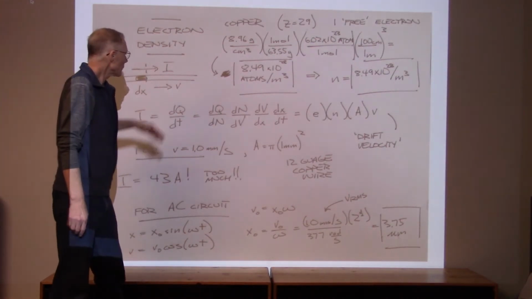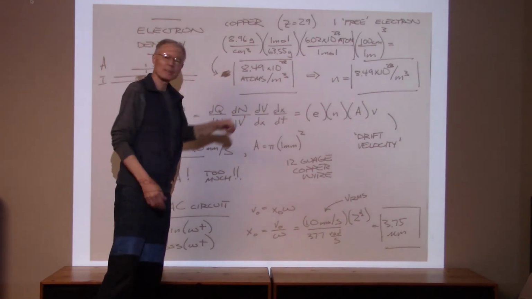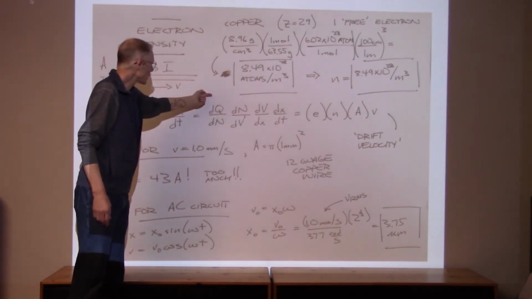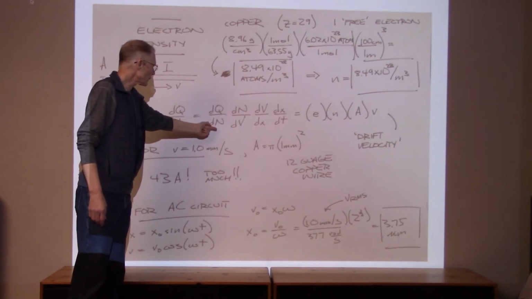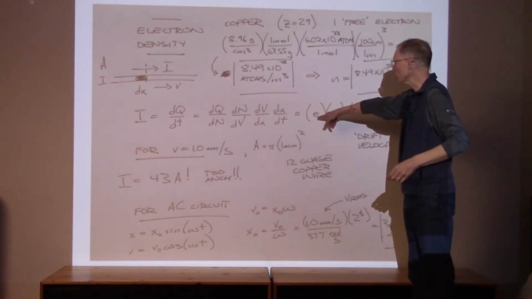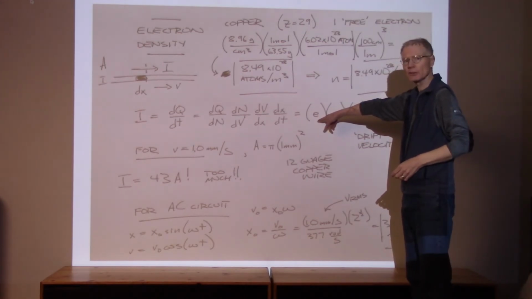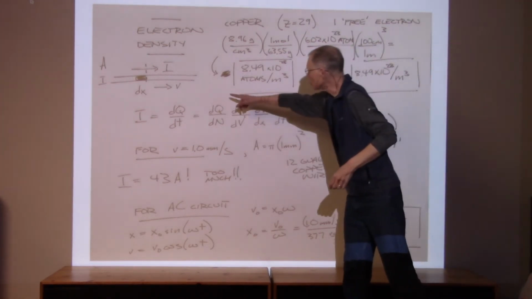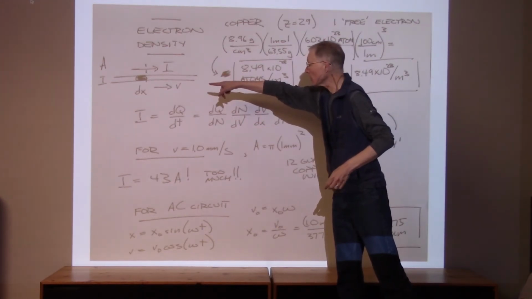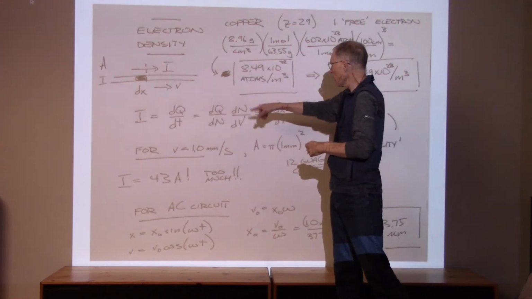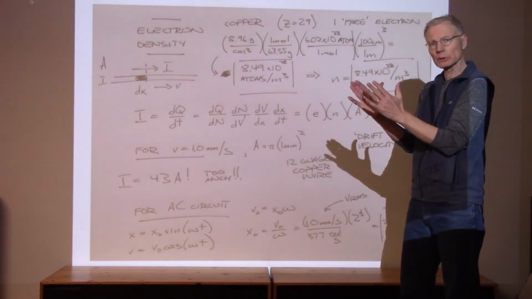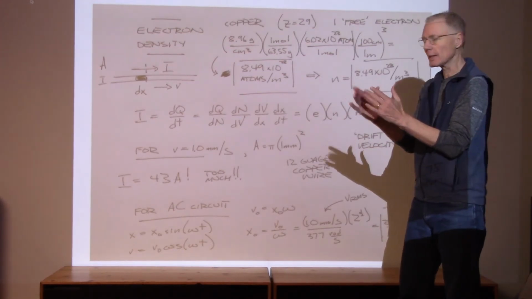Now I can ask, what is the meaning of each of those ratios? The charge per number of electrons, dq/dn, gives me the fundamental charge. That tells me how much charge is on each electron. Here dn is some number of electrons within that little section, and all of these infinitesimals refer to that short section of wiring we're looking at.